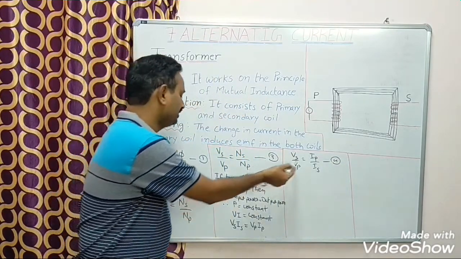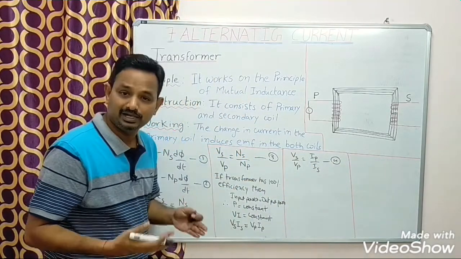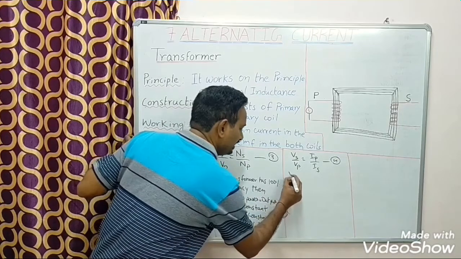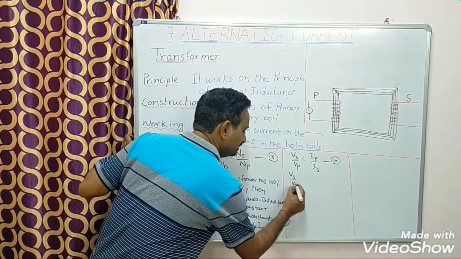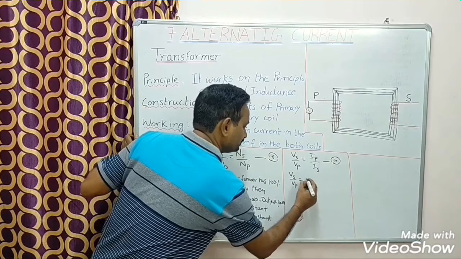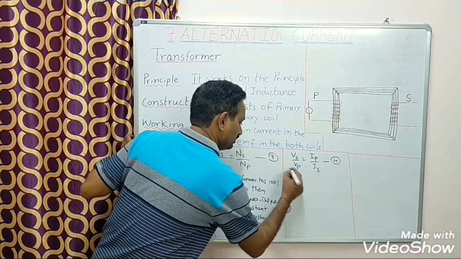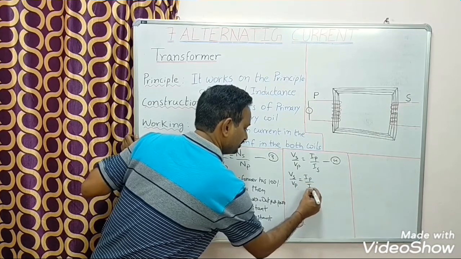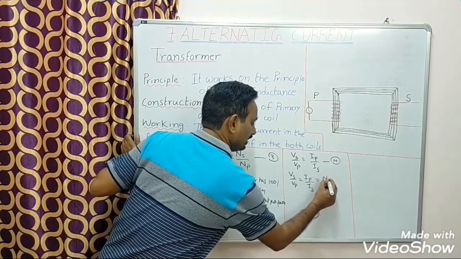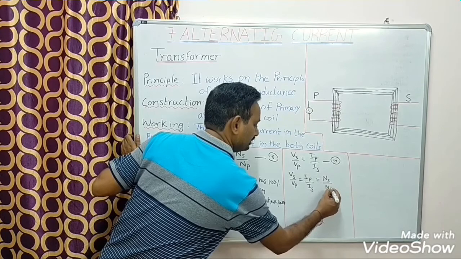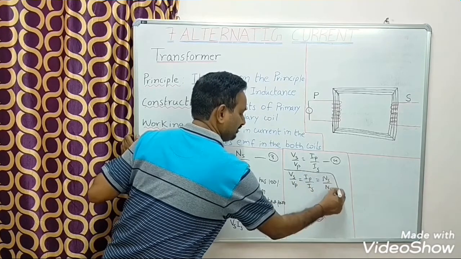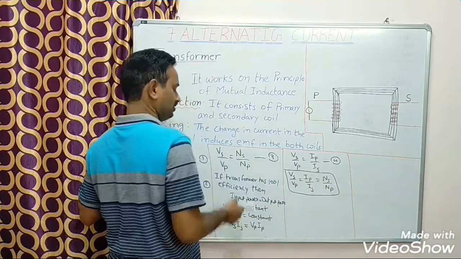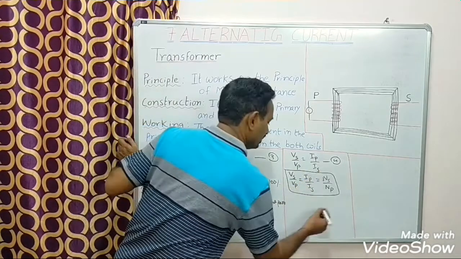From equation 3 and 4, I can combinedly write Vs by Vp is equal to Ip by Is is equal to Ns by Np. So I got the equation here.